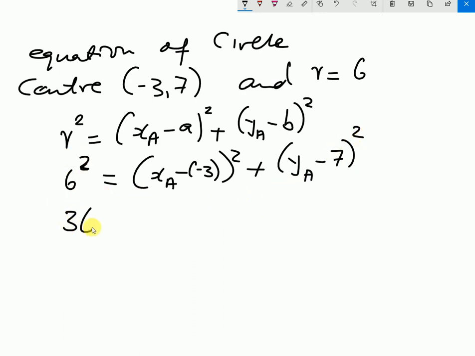So 36 equals x plus 3 squared plus y minus 7 squared.